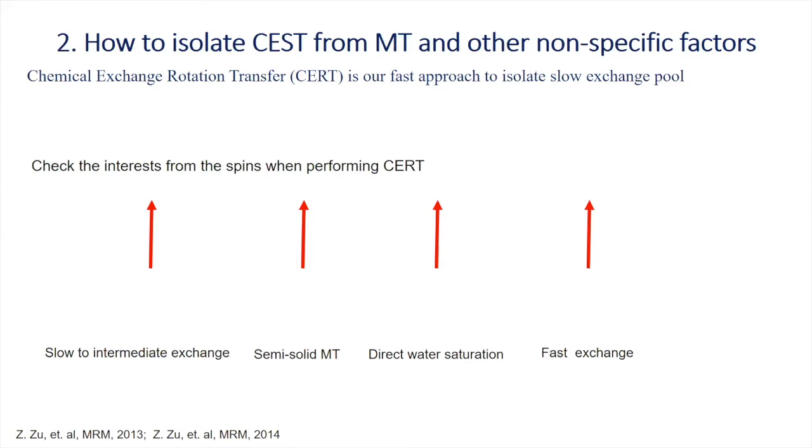It also includes the arginine amine, which has an exchange rate of several hundred Hertz, which belongs to the intermediate exchange region. This spin represents the semi-solid pool. And this spin represents the direct water saturation. And this spin represents the fast exchanging pool, which includes the glutamate amines or glucose hydroxyls, which have an exchange rate of several thousand Hertz, and they belong to the fast exchange region.